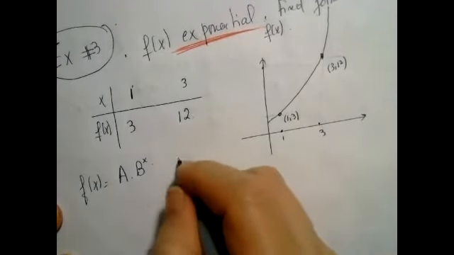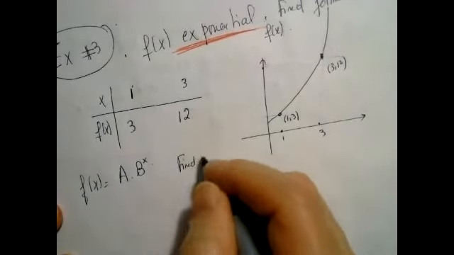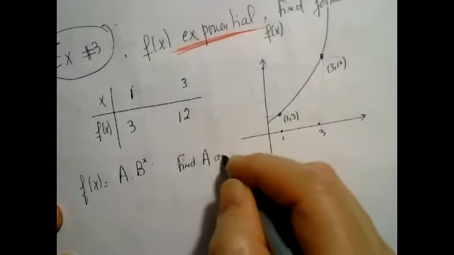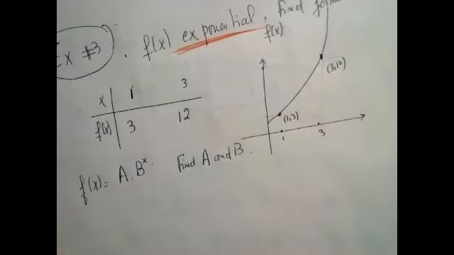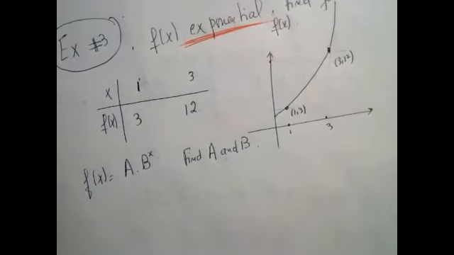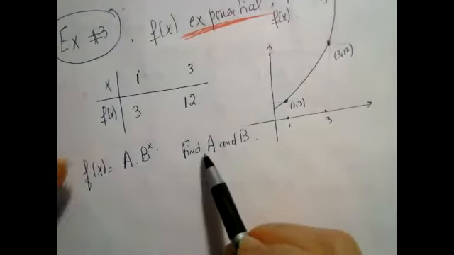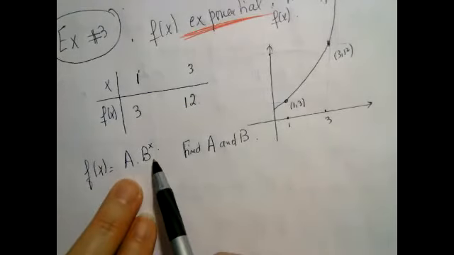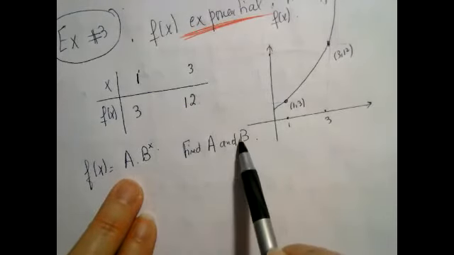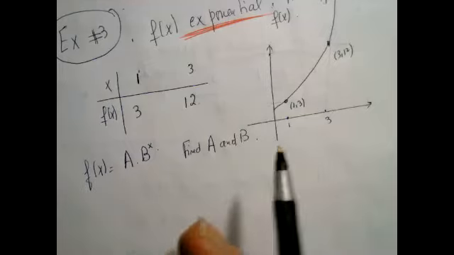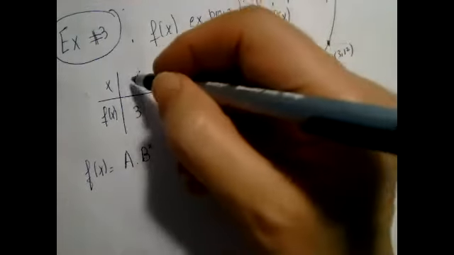So the question is, we need to find a and b. So let's listen very carefully to how we're going to do this type of problem. All right. I have 2 unknowns, a and b. To be able to find them, I actually need 2 equations that relate a and b. And that's where my data points come into the picture.